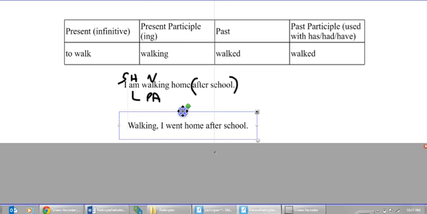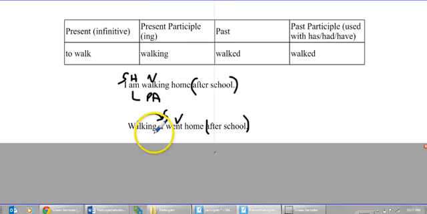Sometimes we like it better that way, and that's fine. So if I label it, I have after school, I have I went home. Now, walking is describing me, and it's taking this idea of an introductory word, which is why it has a comma.